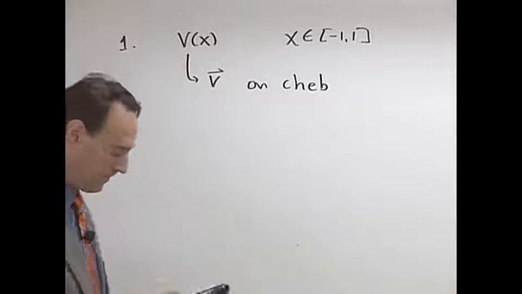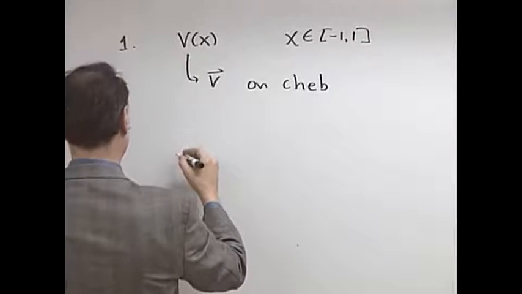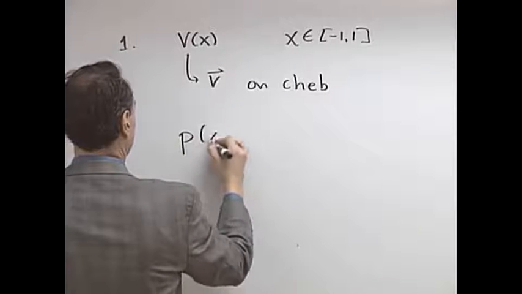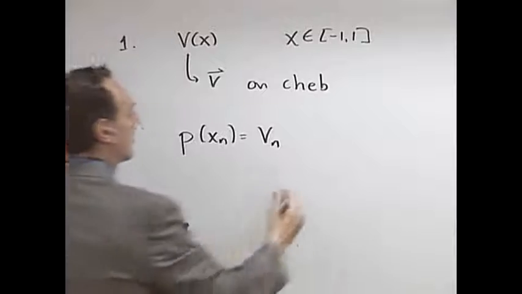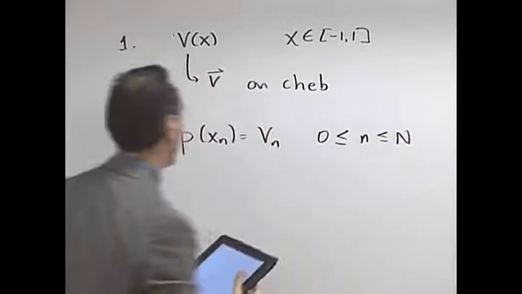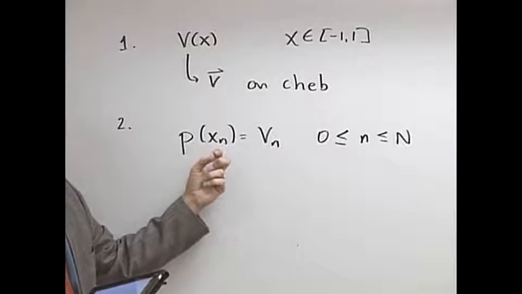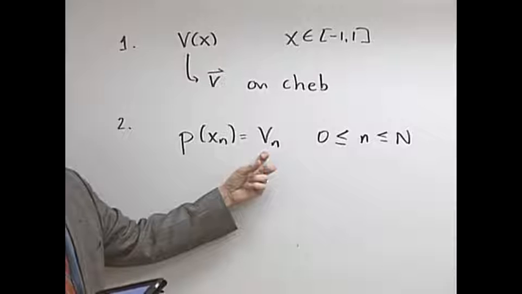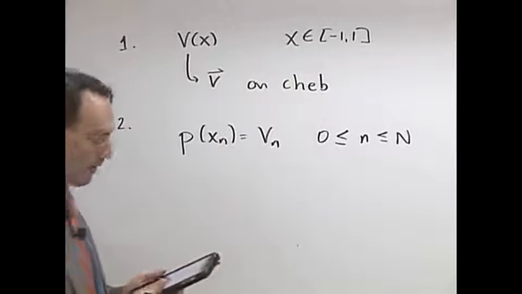Now I'm going to do something with it. I'm going to represent v of x by a polynomial. I chop it up. My polynomial is going to describe, so each point of my polynomial will be the v at that particular point.